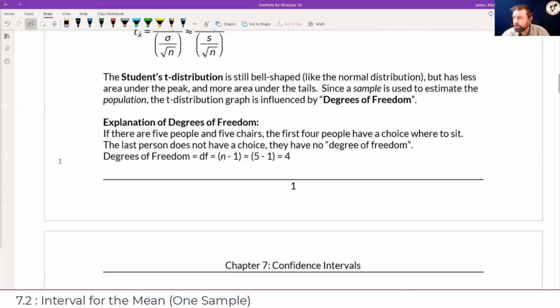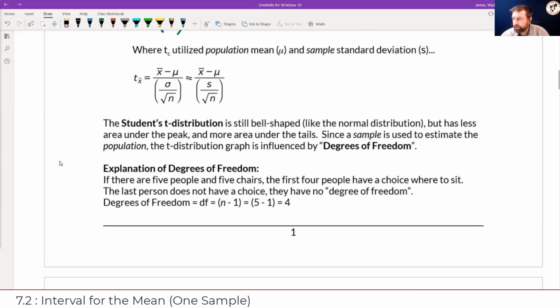So the t-score is based on the degrees of freedom. And the best way to explain degrees of freedom, by the way, which is just the number of items minus one, is this: if you have 5 people and 5 chairs, the first 4 people get to choose what chair they want to sit in, right?